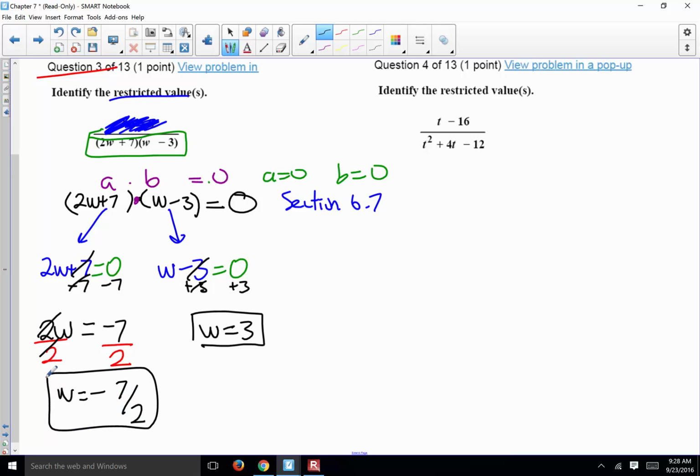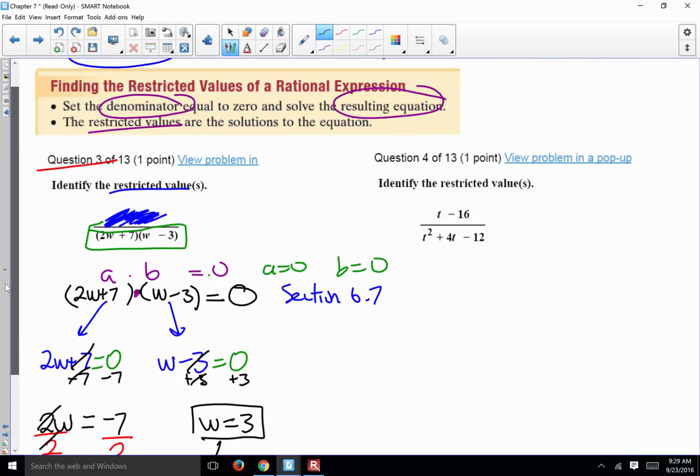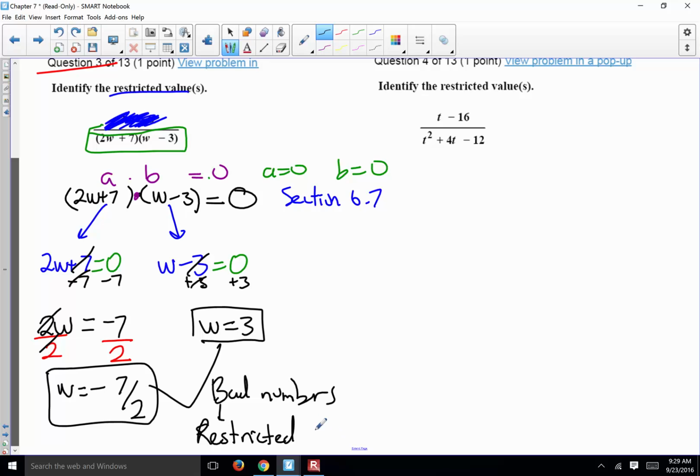And we're done. These are bad numbers. What do I mean? Bad means restricted numbers. You should avoid inserting them into the function. Restricted values.